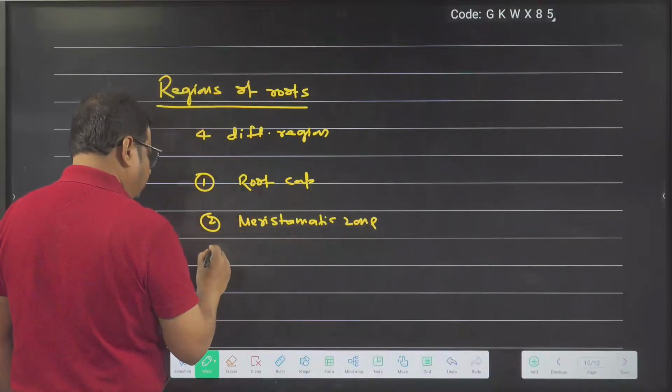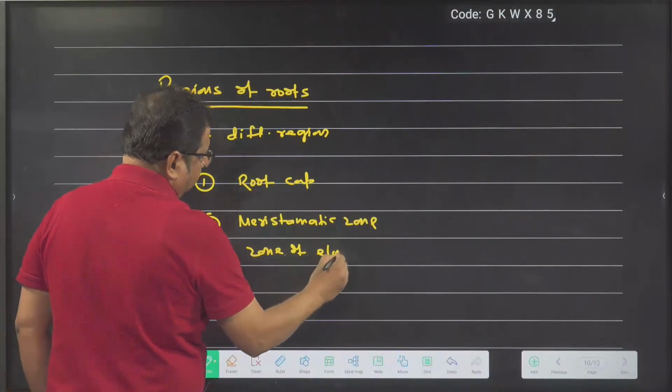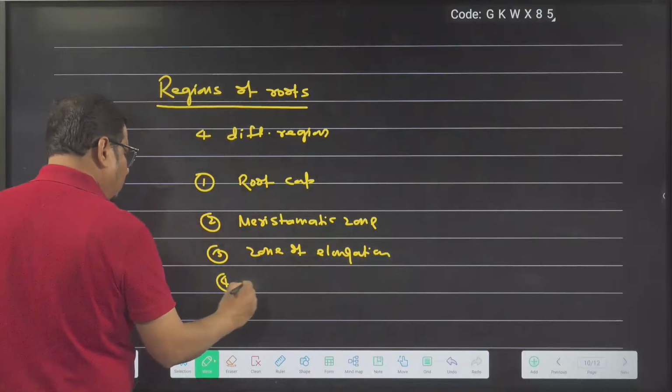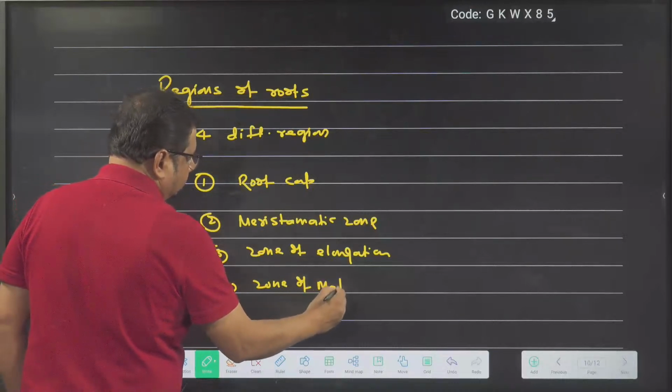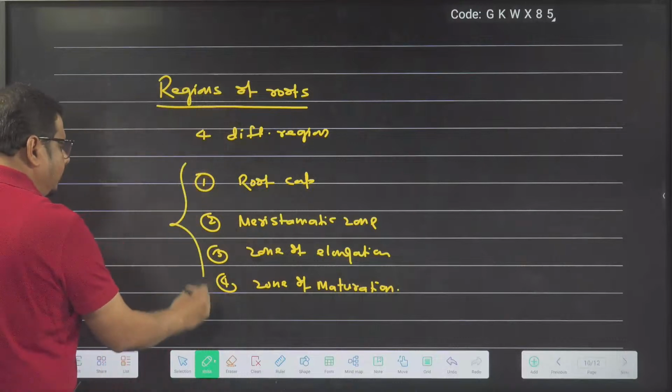Third I am writing zone of elongation. Fourth I am writing zone of maturation. These are the 4 different regions we find in the root.